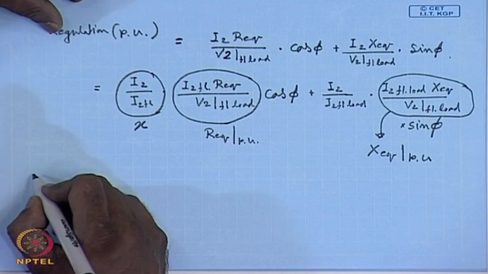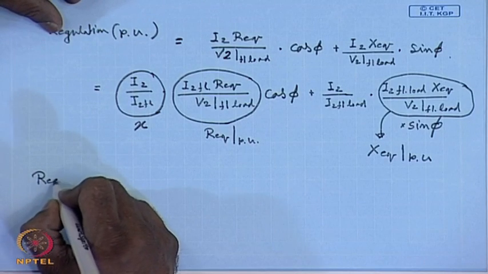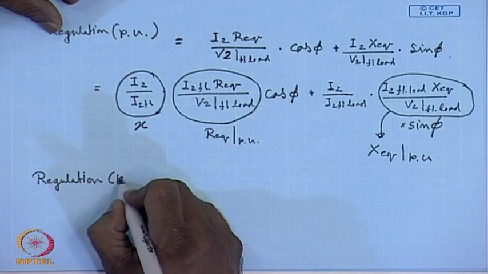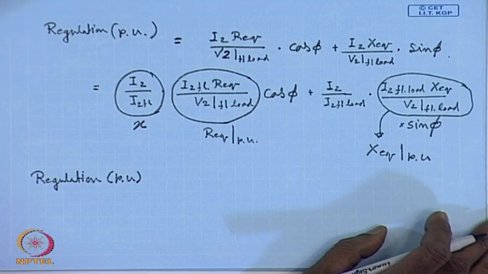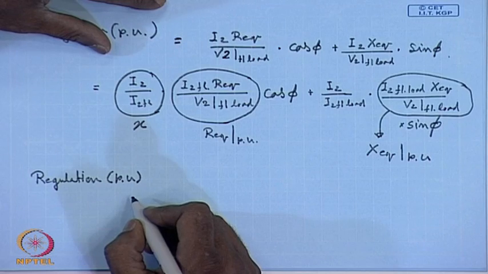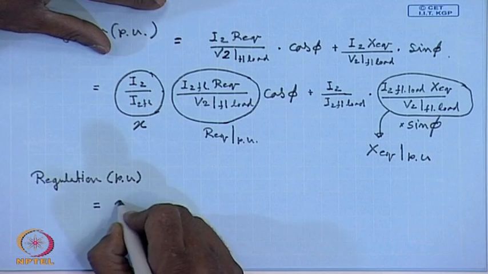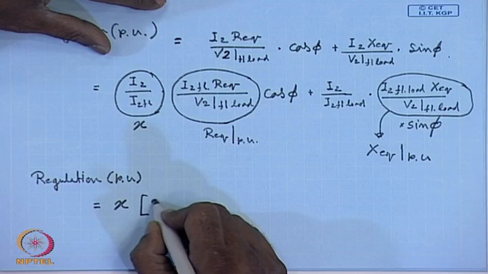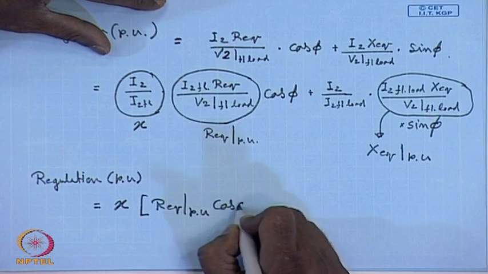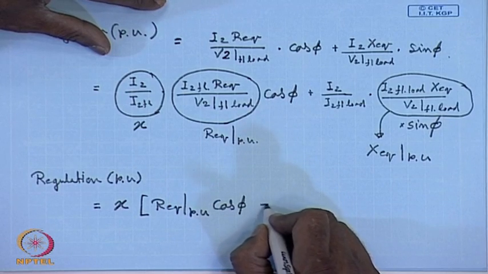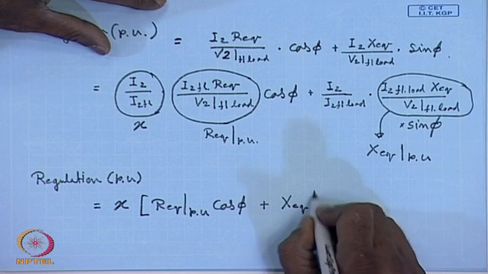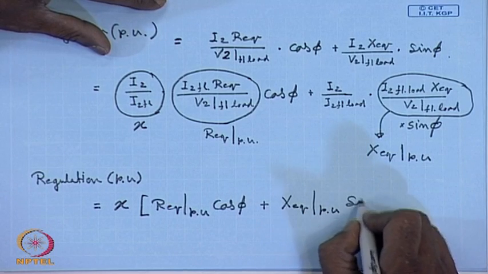Hence, the per unit regulation can be written at any fractional loading x as x into Req per unit into cos phi plus Xeq per unit sin phi.